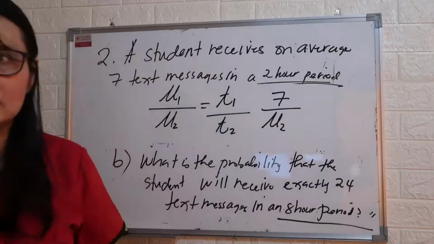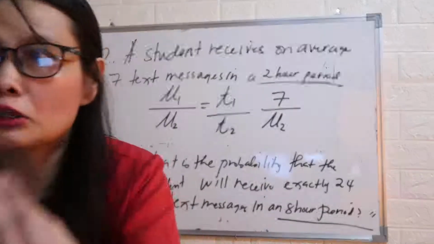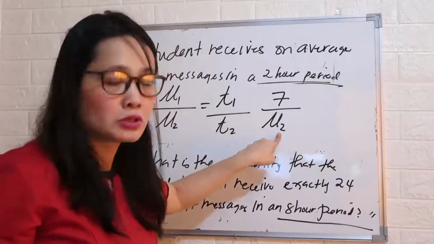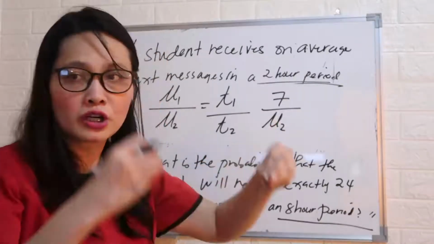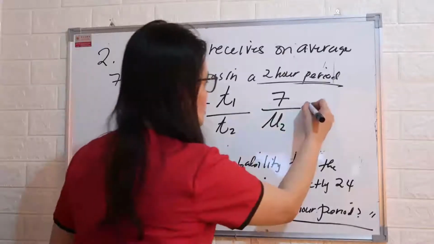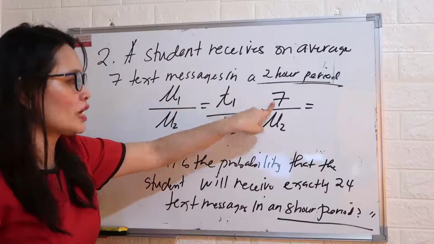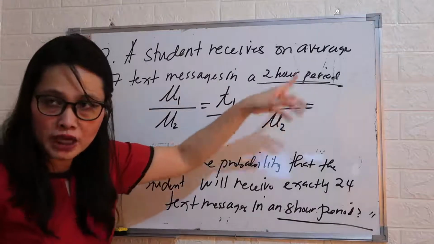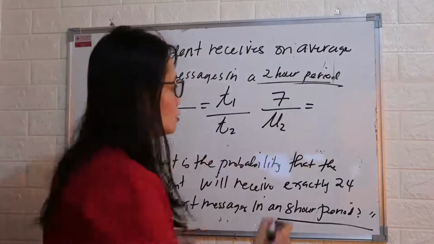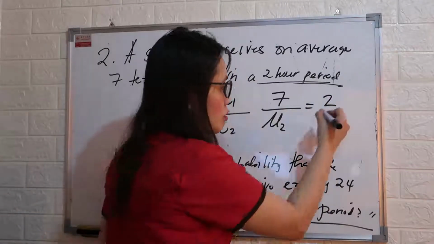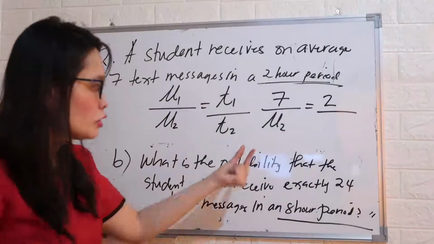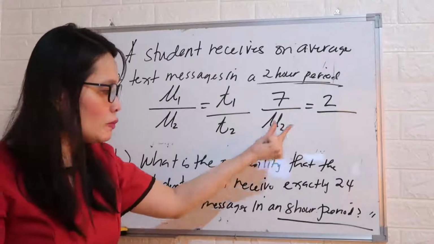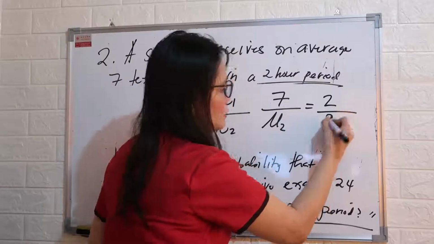Kapag magkaiba ng time, you need to solve for the new mean. Since it's not given, so mu sub 2, referring to the new mean. If you do have 7 text messages on average, that will be equal to how many periods? 2-hour period. Over your new mean, which is not stated, the equivalent of that one is 8-hour period.